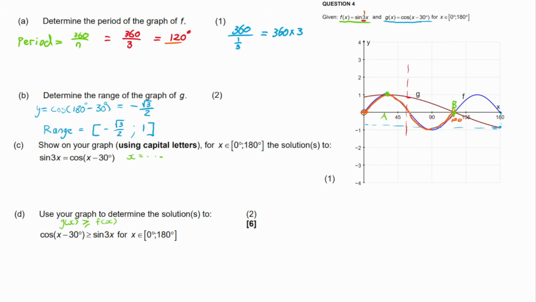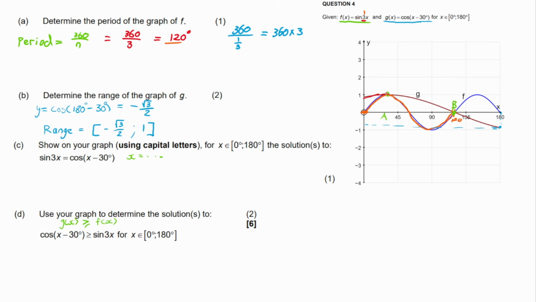Here you can see g of x is above. But we won't need that here. So if we look here, g of x is above f of x until here, where they're equal. But we can include that.